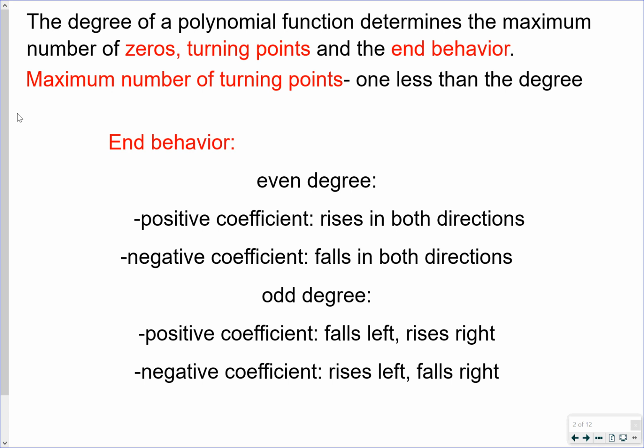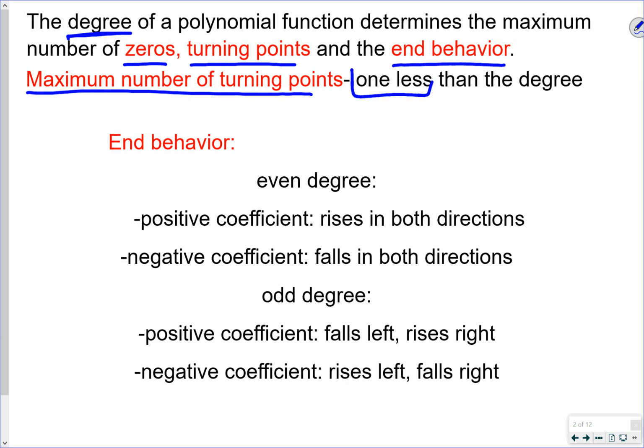So, the degree of a polynomial determines the max number of zeros, the max number of turning points, and the end behavior. The max number of turning points is 1 less than the degree. So my x squared, again, was a quadratic. It turned around 1 time, down, and then up, 1 turn.